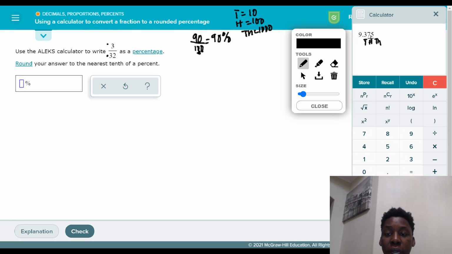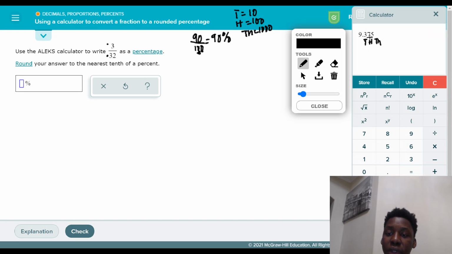A specific rule applies: if the number behind the tenth is greater than 5, we add 1 to the tenth, and then the 7 and 5 become zeros. But if it is not bigger than 5, we can just set the 7 and 5 equal to 0.